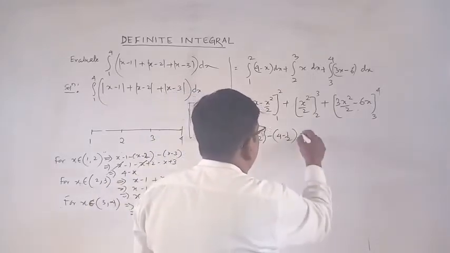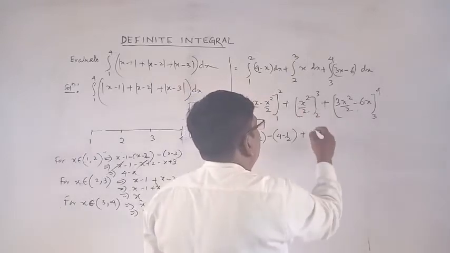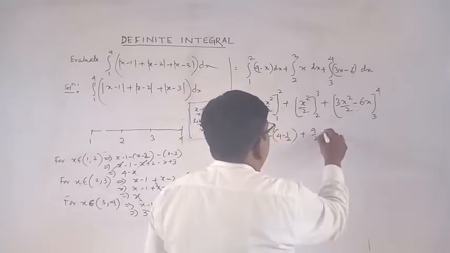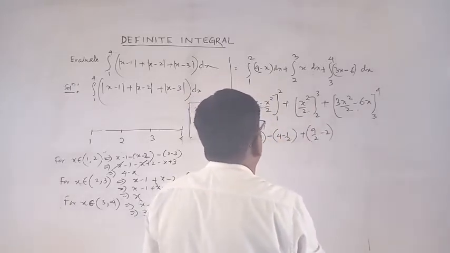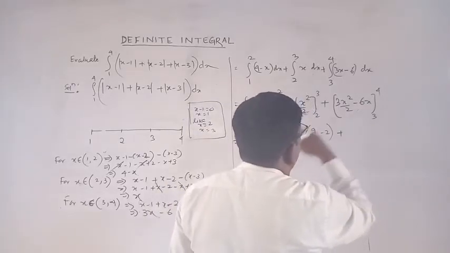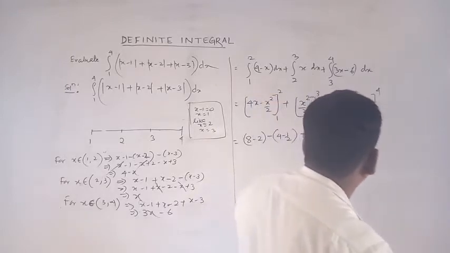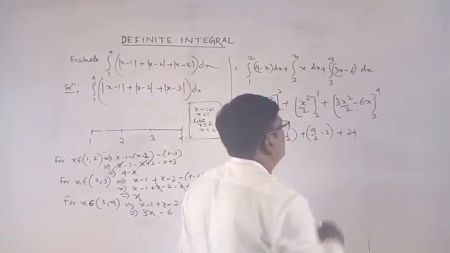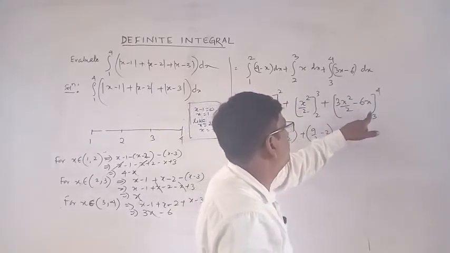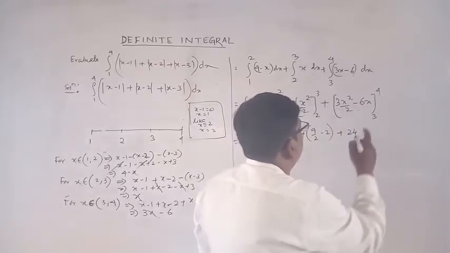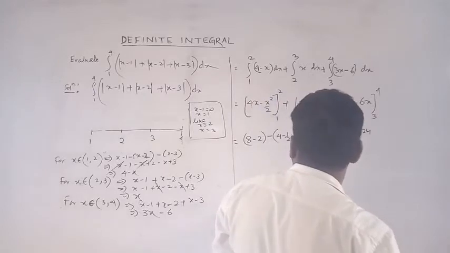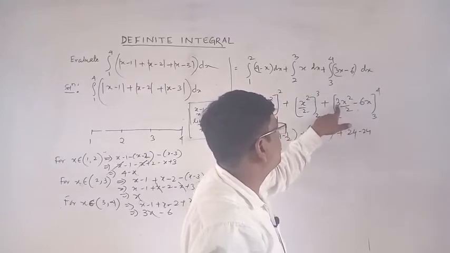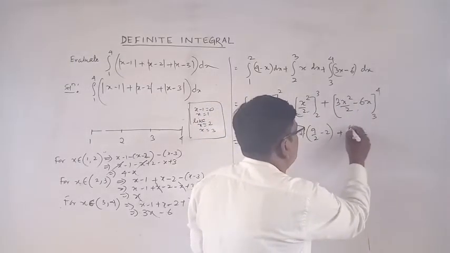For the third, putting 4 gives 16 by 2, 8 times 3 is 24, minus 6 times 4 is 24. So this is 0.